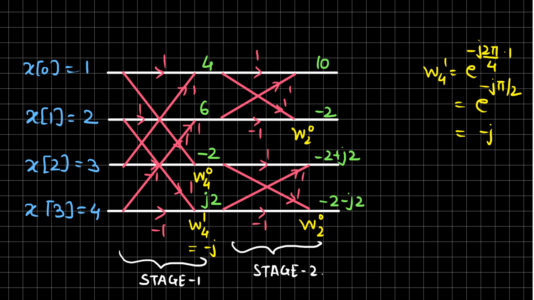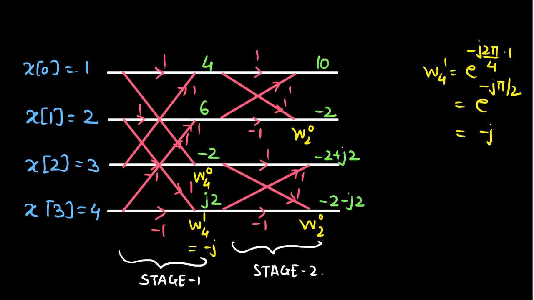So what we have here is this 10 is x of 0, then we are going to obtain x of 2, so this minus 2 is x of 2, then this is x of 1 and this is x of 3.